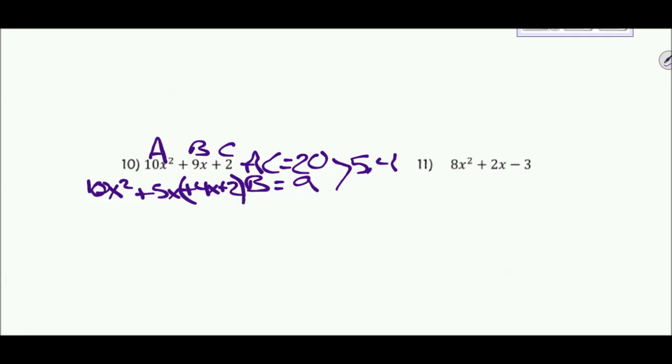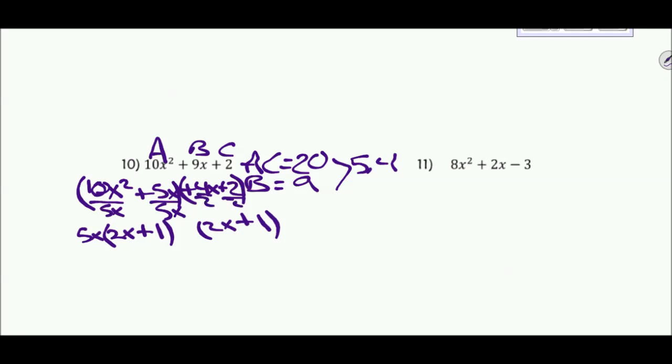And you group them. And then you can divide this by 5x. And you get, and for this one you can divide both by 2.